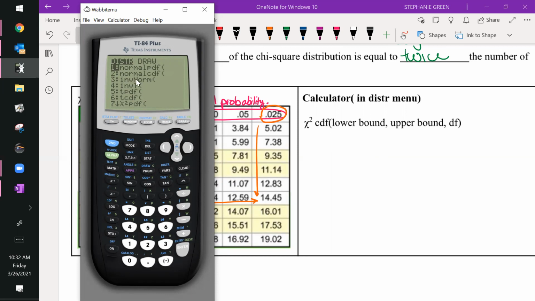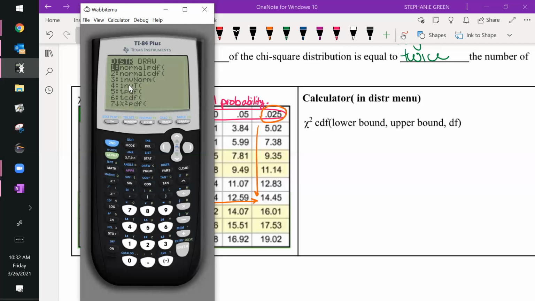An inverse norm would give us the actual statistic based on the probability. TCDF gives us the actual probability between two values. TPDF gives you the probability of the t distribution taking on one specific value. And then inverse t would give you a specific t statistic based on a probability.